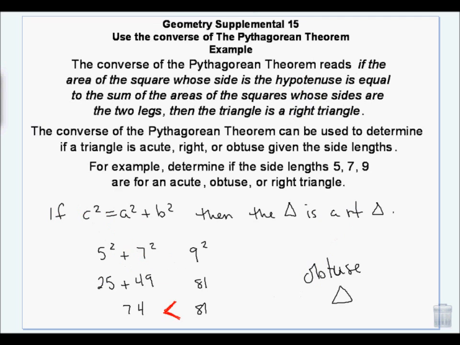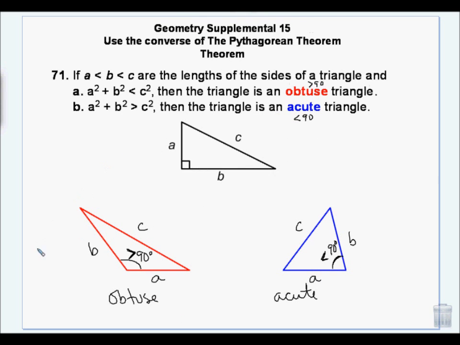And if it's equal, so here we have A squared plus B squared less than C squared, here A squared plus B squared greater than C squared, and here A squared plus B squared equals C squared. So if it's less than, it's obtuse, greater than is acute, equal to is right.